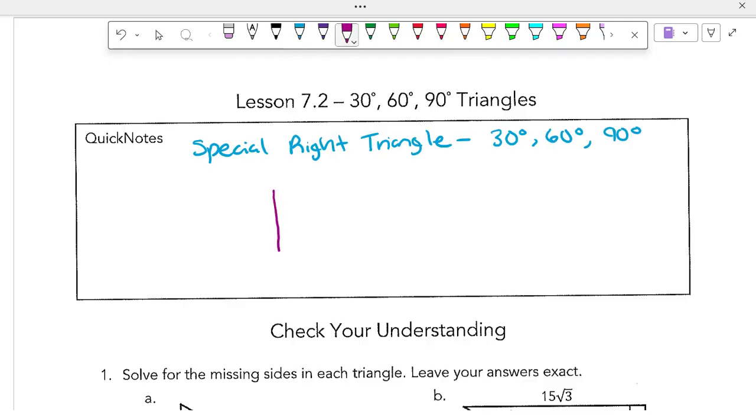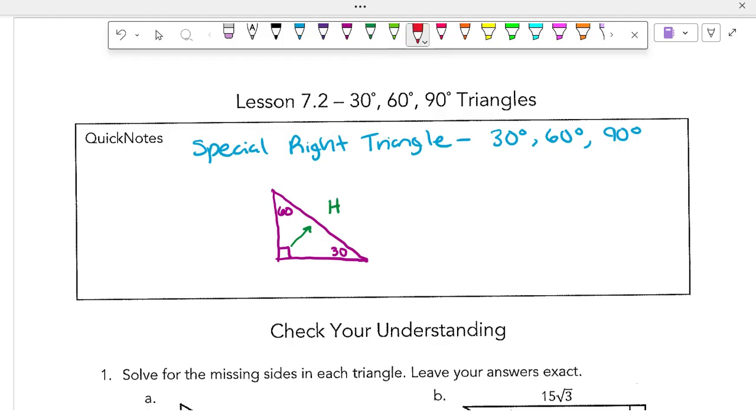So the rule for a 30, 60, 90 triangle is, say the right angle's here, 30's here, 60's here. First off, you always start by labeling what's your long leg, your hypotenuse, and your short leg. Hypotenuse is always across from the 90-degree angle. That's always going to be consistent.